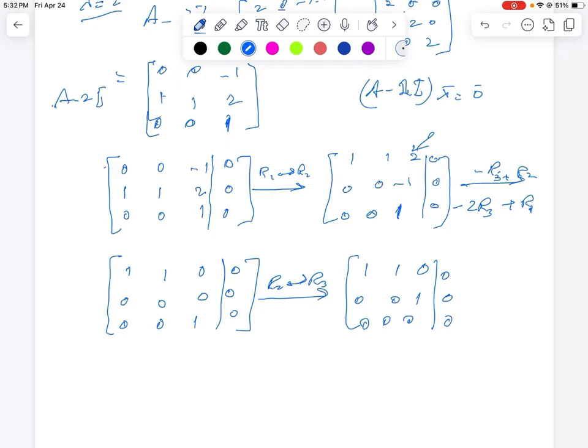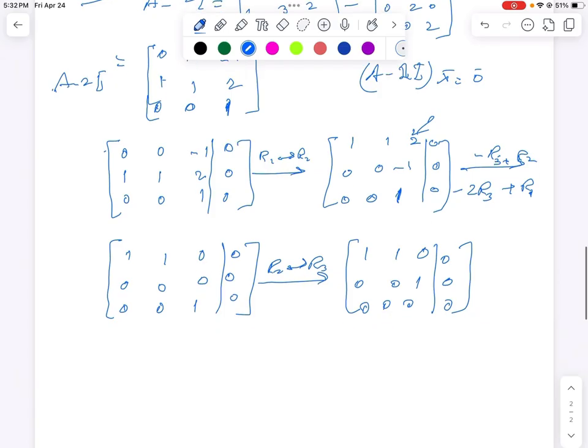So now notice here, this is x1, this is x2, this is x3. So there is a pivot for x1 and a pivot for x3, which means x2 is a free variable.